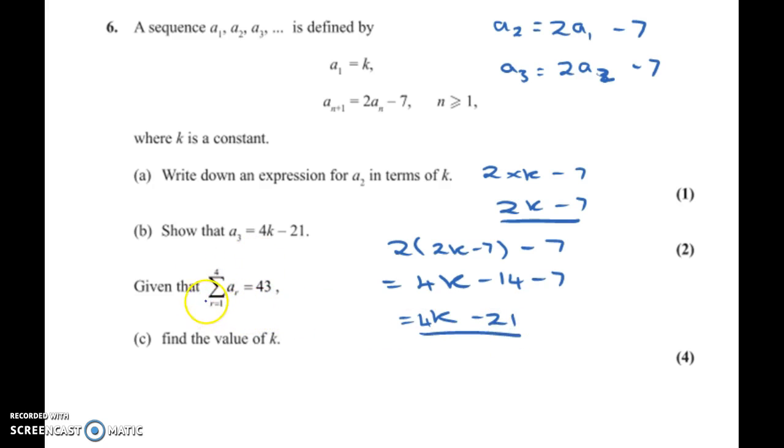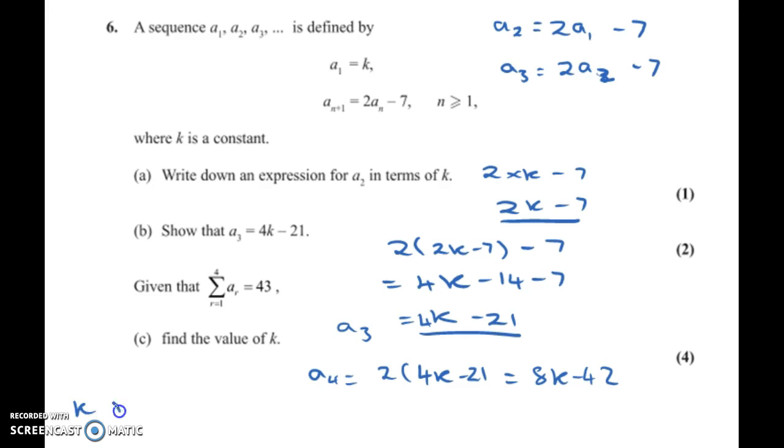We're told that the sum of the first 4 terms is 43. We need to find a value of k. We really need to find the a4. So a4 will be 2 lots of 4k minus 21, which is 8k minus 42. So we're going to sum those first 4 terms together.